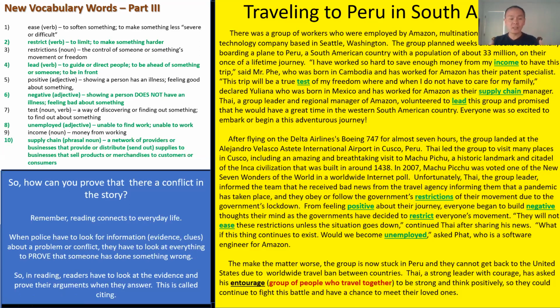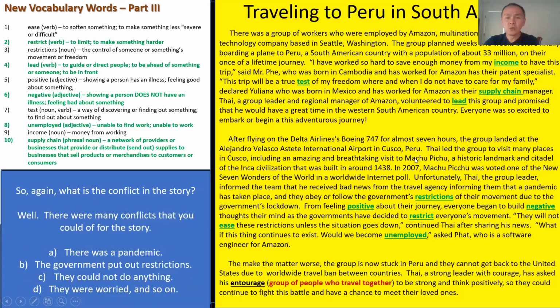Before they arrested him, they found evidence and information to verify and conclude that John had done something wrong, okay? In readings, readers have to look for evidence to prove their argument when answering. This is called citing, okay?